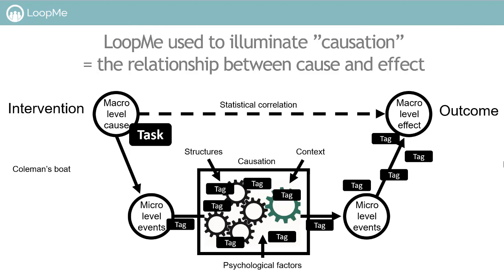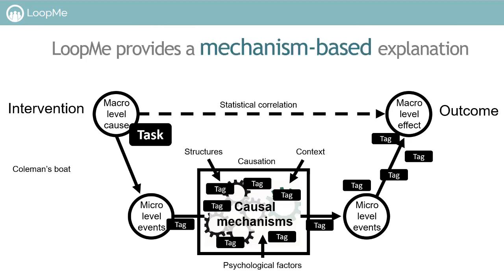And then if we give people a task, that could be seen as something that is happening on a macro level. And then we have the tags that are down here. They can capture what is going on on a micro level, and then we get a better understanding of why things happen. This is called causal mechanisms, the mechanisms that cause something to happen.